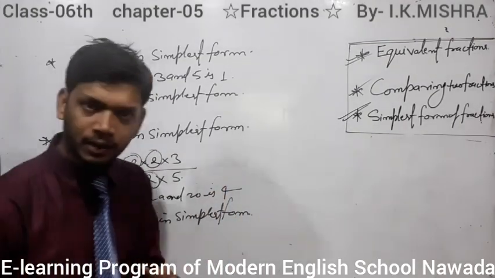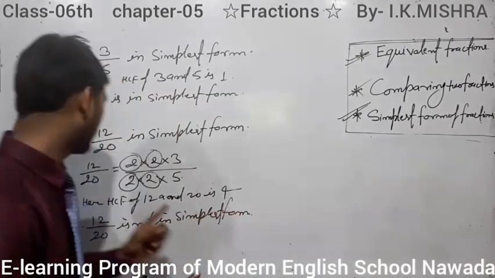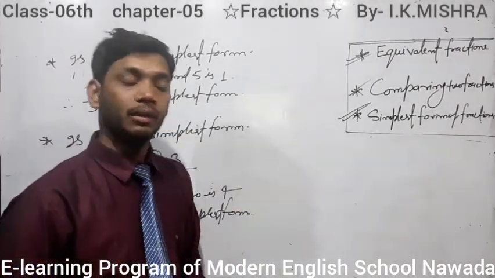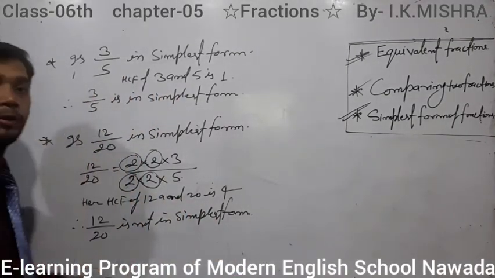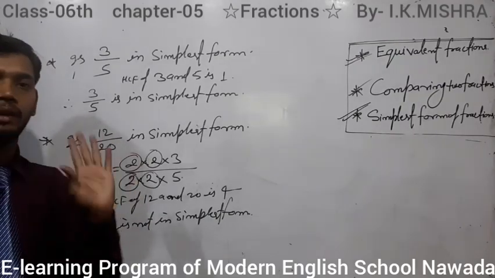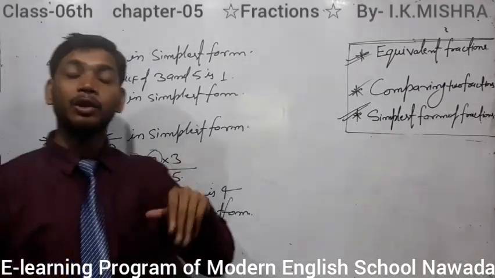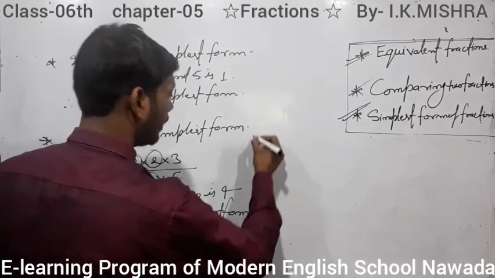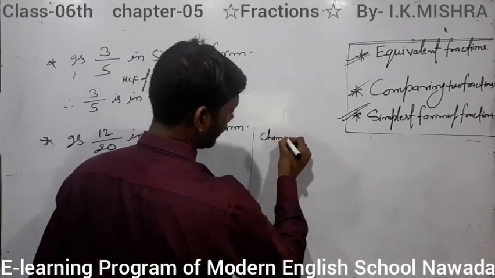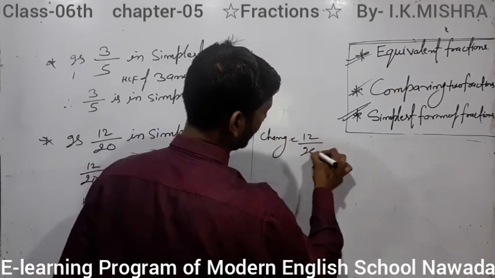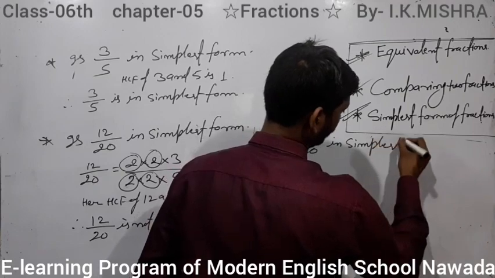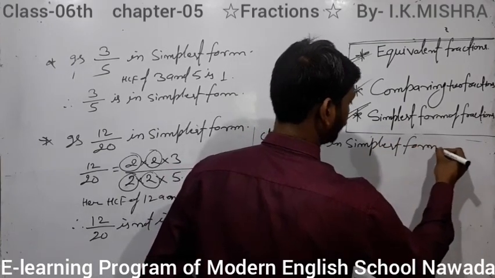Friends, can you change any fraction like this into simplest form? Yes, you can change the given fraction into simplest form by dividing its numerator and denominator by the HCF. That means you have to find an equivalent fraction. Change 12 by 20 into simplest form.